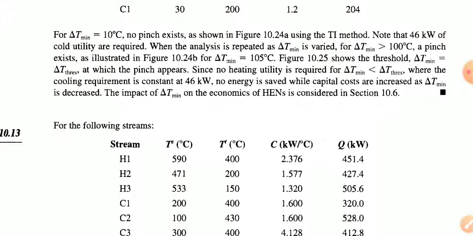No energy is saved while the capital cost increases also. As delta T minimum is decreased, the impact of delta T minimum on the economics of heat exchanger networking is considered in section 10.6.